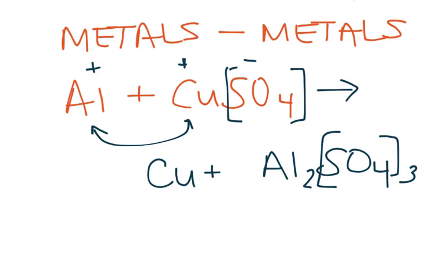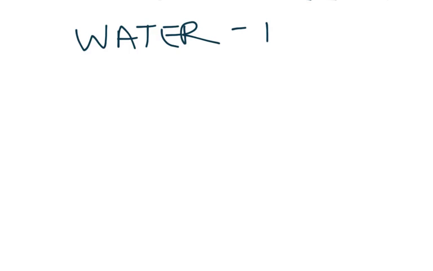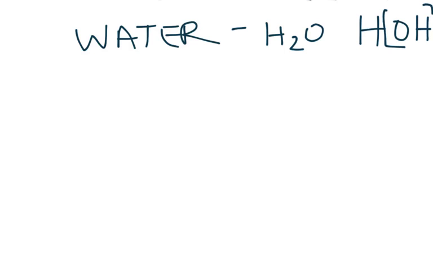Metal replaces metal. Now, the other thing you have to think about is water. Okay, water can be kind of tricky, and this is true when you're balancing as well. You guys know water is H2O, but it's actually sometimes easier to look at it as HOH, a hydrogen and a hydroxide.